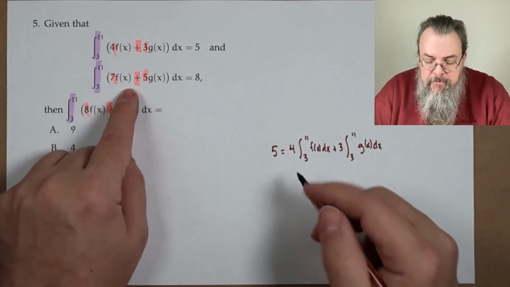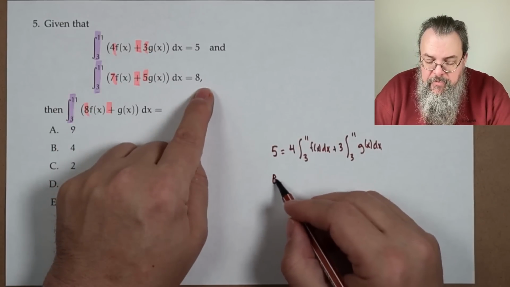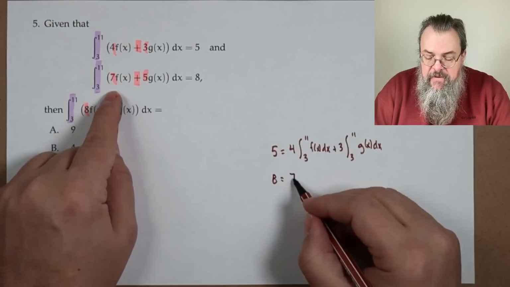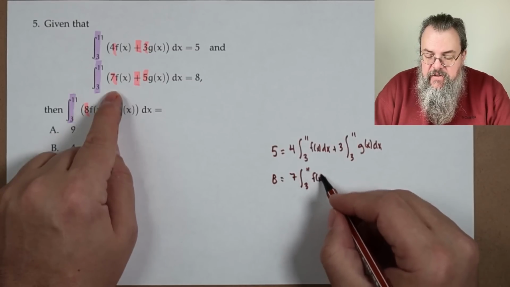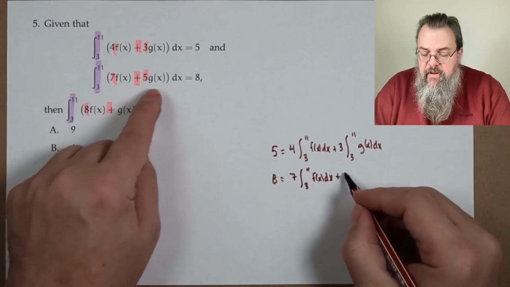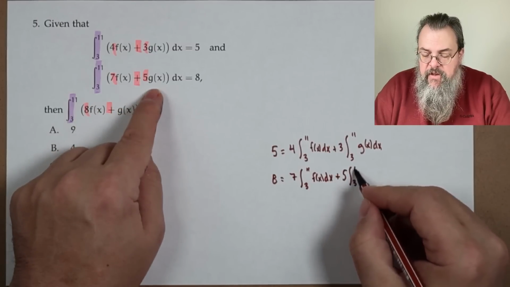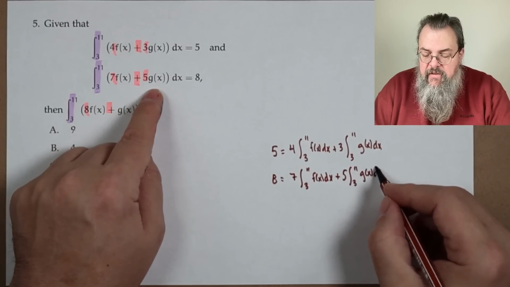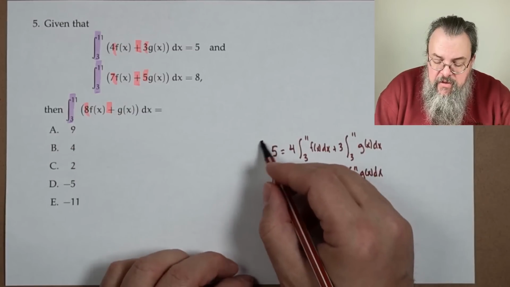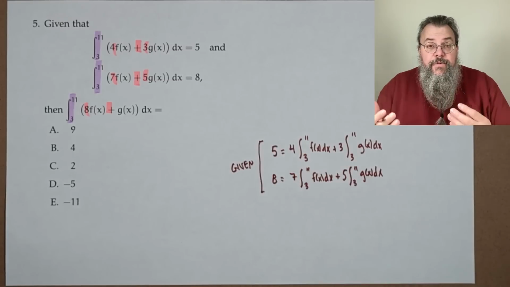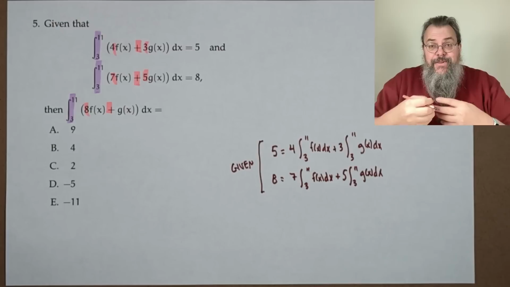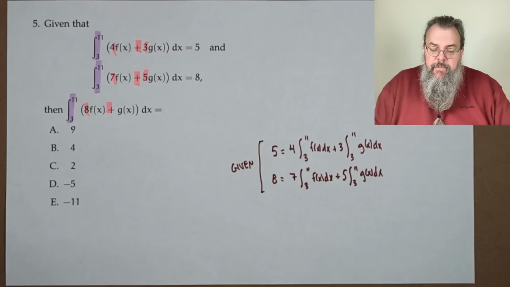Now the second one, in a similar way, 8, is equal to 7 integral 3 to 11 of f of x dx plus 5 integral 3 to 11 of g of x dx. So this is what we're given. It's just another way of rewriting it using properties of integration. So we're being tested on our properties.